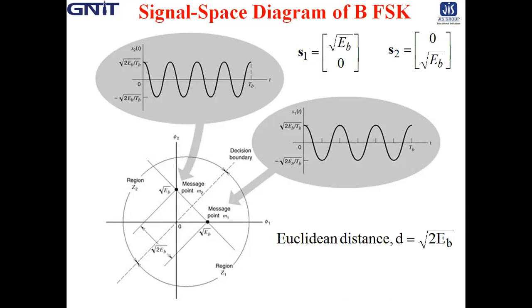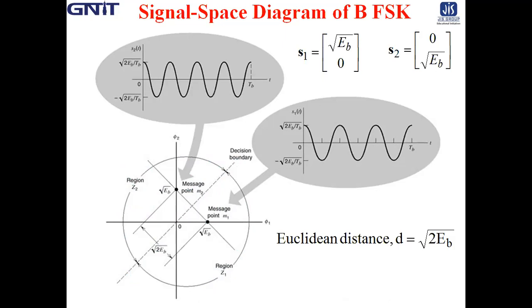The decision boundary is the perpendicular bisector of the line joining the two message points. So this is the decision boundary, and this region is denoted as Z1 and this region is denoted as Z2. These are the two separating regions, Z1 and Z2.